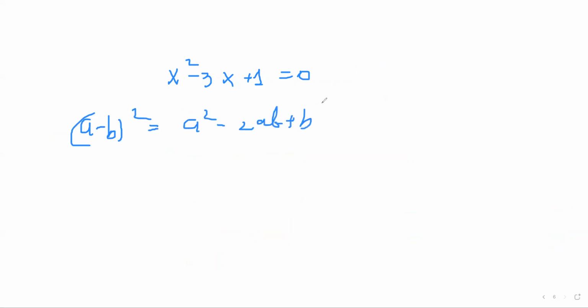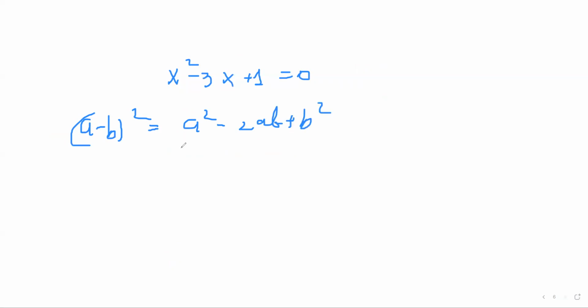So let's write x squared minus 3x plus 1 equals 0. So again, I am going to write (a − b) squared is equal to a squared minus 2ab plus b squared.